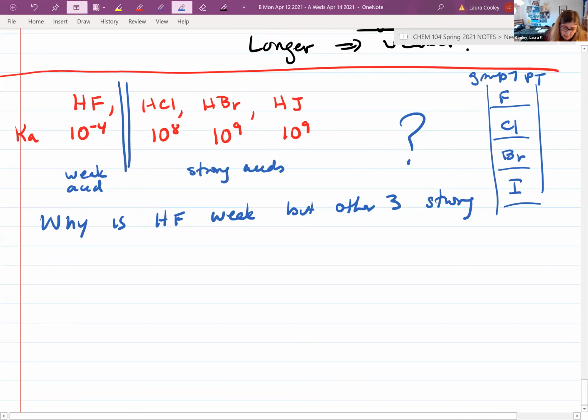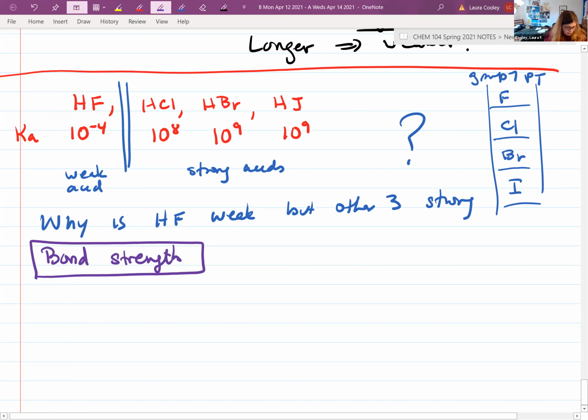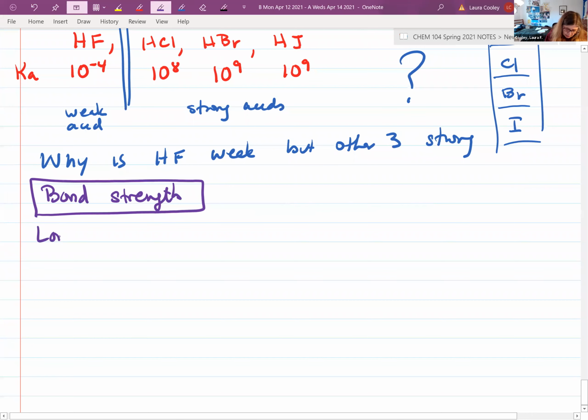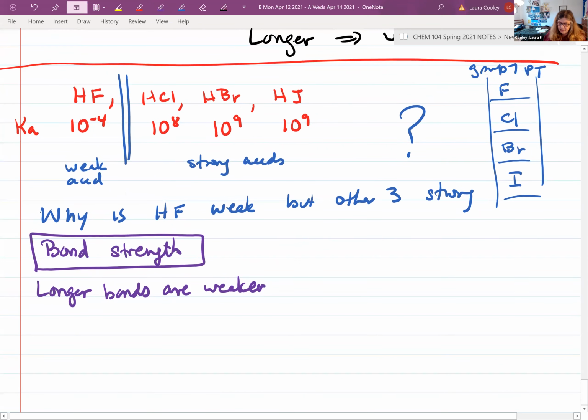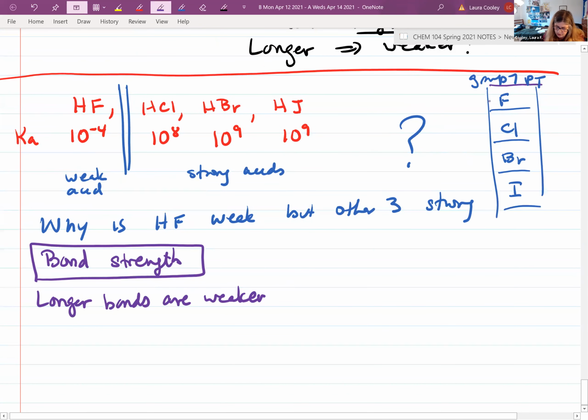Okay, so let's talk about the bond strength first. So we know that longer bonds are weaker. So which of these atoms, and they're in this order on the periodic table as you go down, how will the bonds HF compare to HCl and HBr and HI?